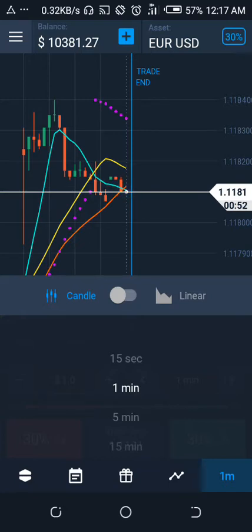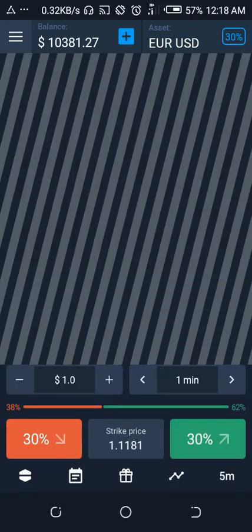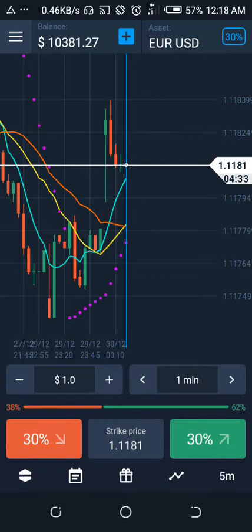If I change it to 15 seconds, that means a candle will be representing 15 seconds. Okay, I think this one cannot be changed to 15 seconds. Let me try another one. Yeah, as you can see, this is 5 minutes candle.